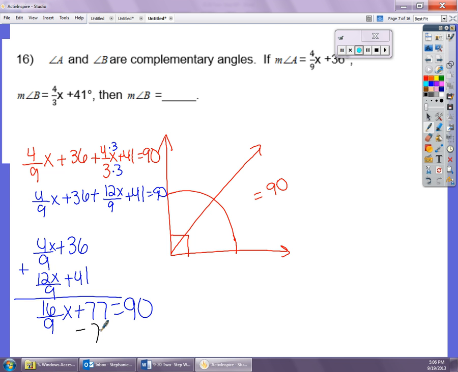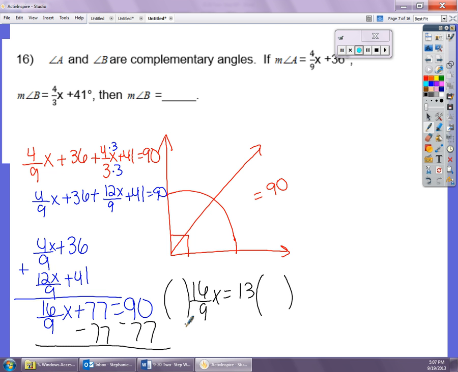Okay, minus 77 on both sides. 16x over 9 equals 13. Now the best way to solve this is to multiply by the reciprocal. These cancel out, and we're left with 13 times 9 over 16, which gives you 117 over 16.